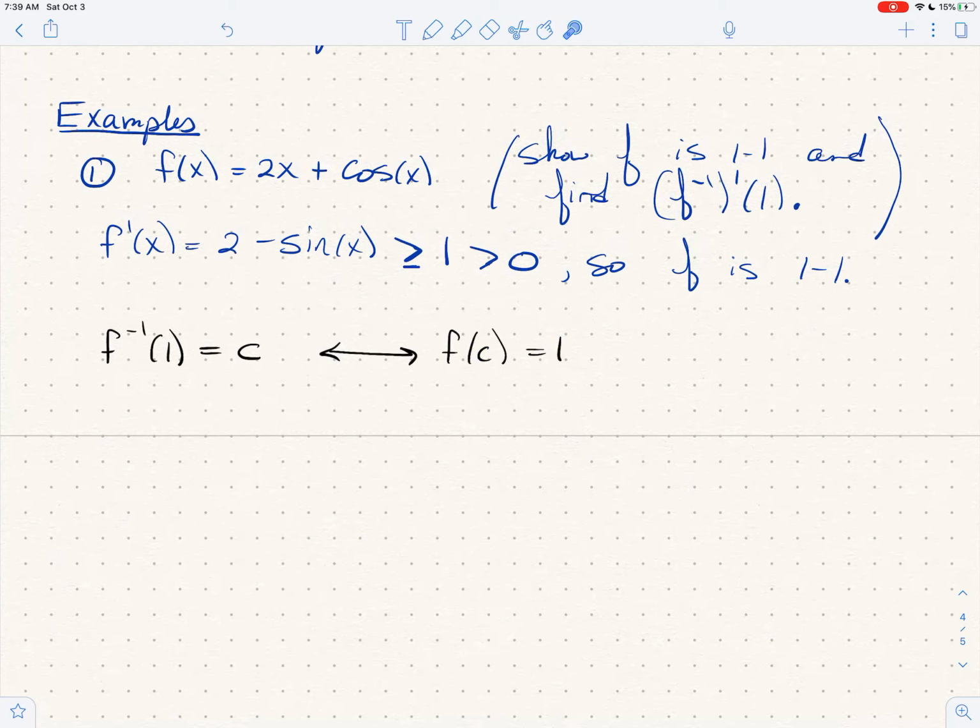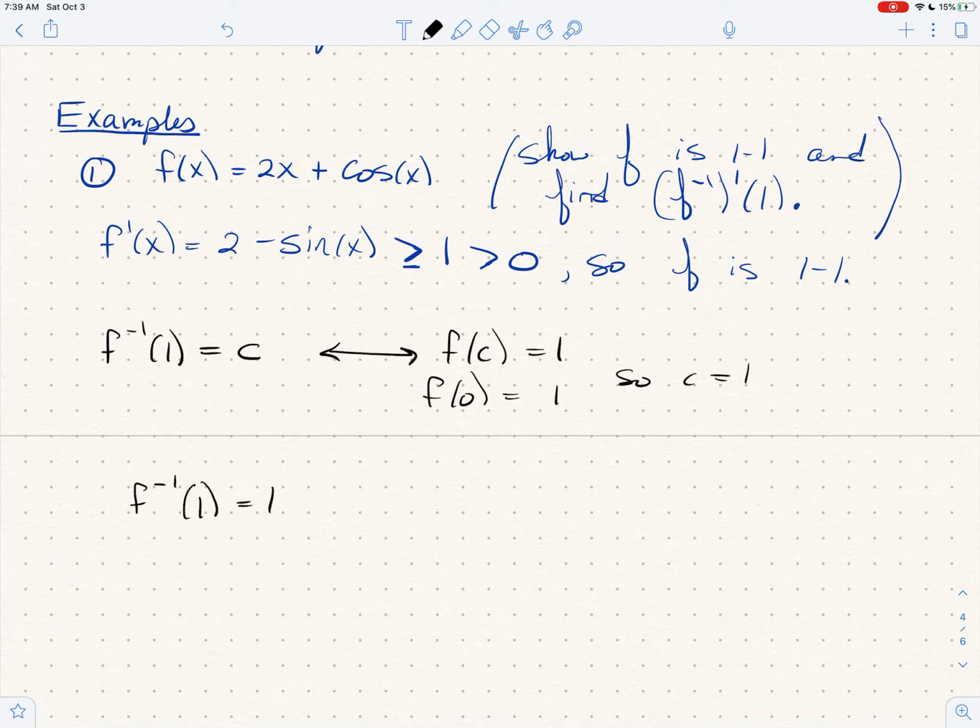And rephrasing this question in terms of f allows me to look at this problem and think, okay, what value do you plug in for f and get out a 1? Well, if I plug in 0, I get out 0, and cosine of 0 is 1. And so you can actually see that f of 0 is 1. And so c equals 1. And what I want you to actually write down is f inverse of 1 is 1.